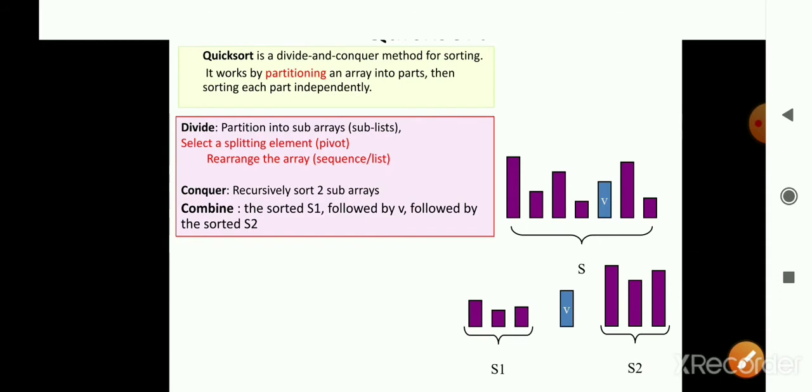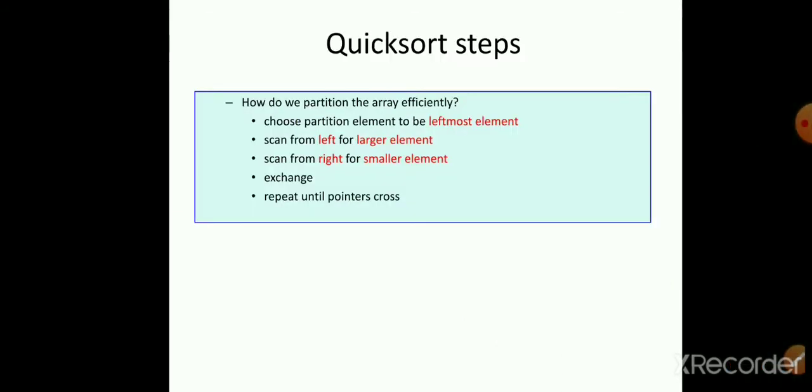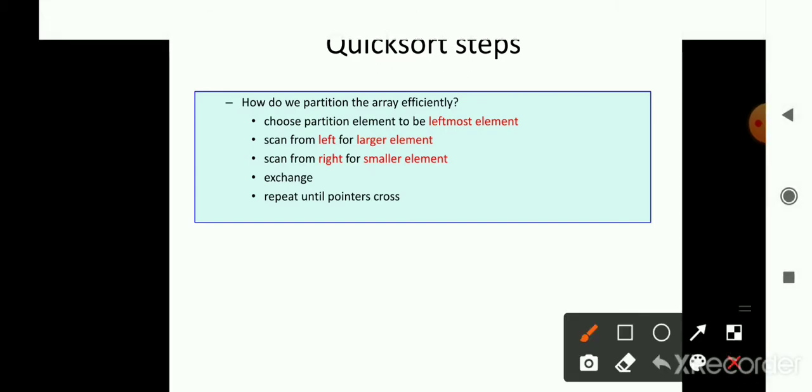So here let's start with the example: how we are going to choose the element and how we are going to sort with that algorithm. Here we have the quicksort steps. First, choose the partition element to be the leftmost element. In our example we are choosing the pivot as the leftmost element.